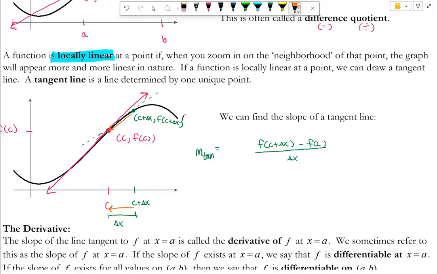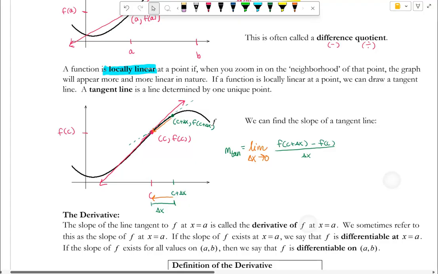We really need delta x to be 0. So how we can do that mathematically is with a limit. So we're really finding the limit of this, what was the slope of a secant line, but we're finding the limit as delta x approaches 0. And that's going to cause those points to lie on top of each other, and that's going to cause our line to be a tangent line.